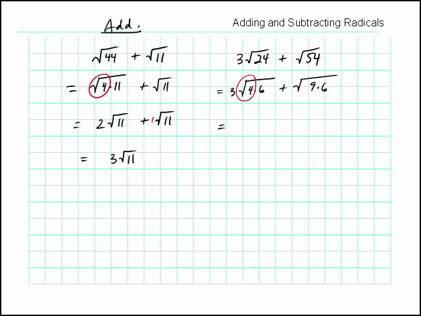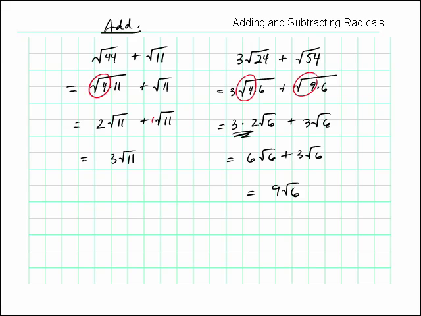So this is now 3 times 2 square root 6 plus the square root of 9 is 3. So this is 3 square root 6. Let's multiply these two numbers together. 6 square root 6 plus 3 square root 6, which is a grand total of 9 square root 6. And we've added the radicals together.